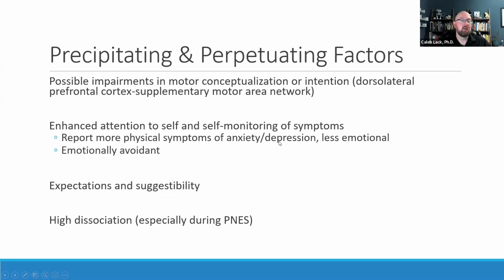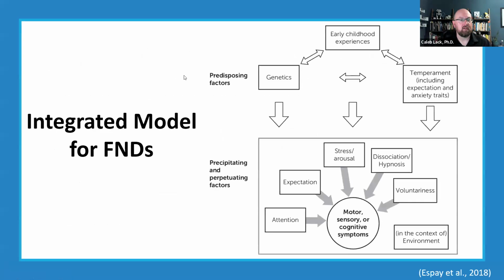So what is it about me as an individual that's likely to have X or Y problem here? I know you all have these slides, so I know I'm going through them a little quickly, but I want to get some of the big points.